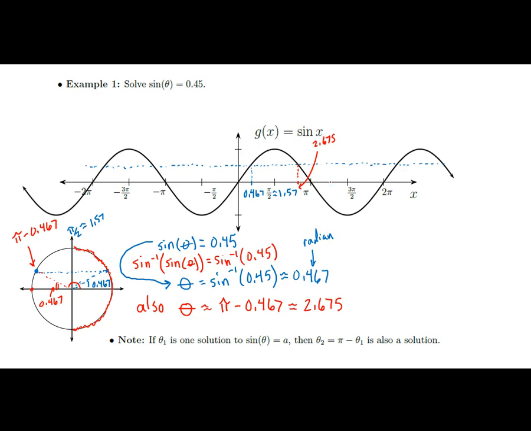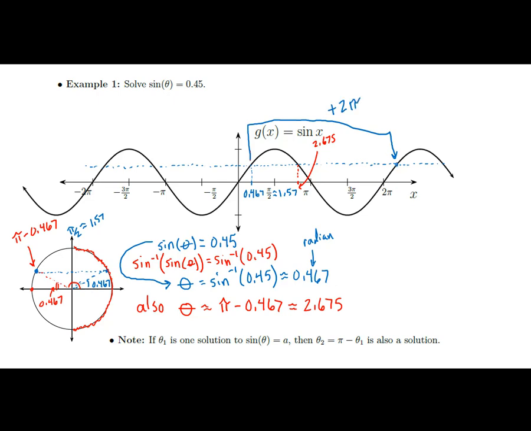There are more. Okay, so looking at the graph here, I know that if I take this value here and I add 2 pi to it, then I'm going to land on another solution.